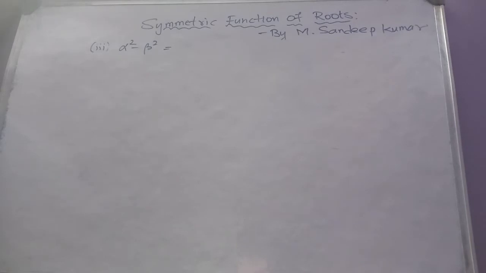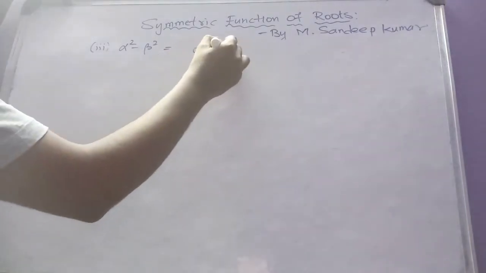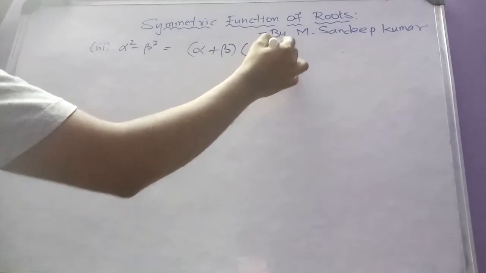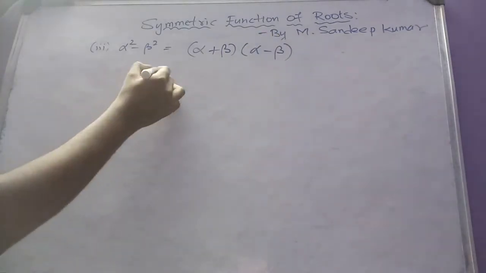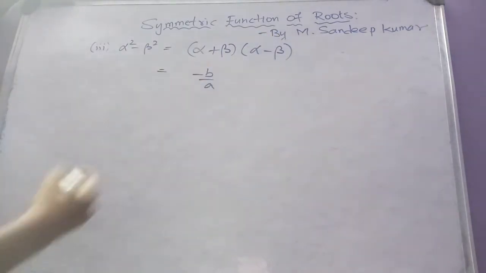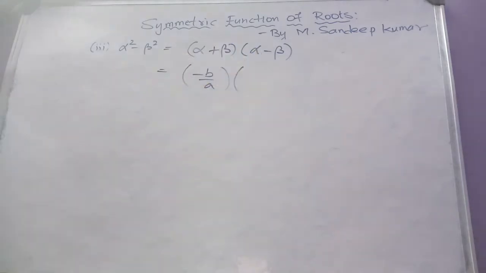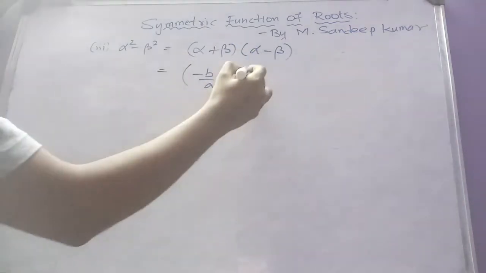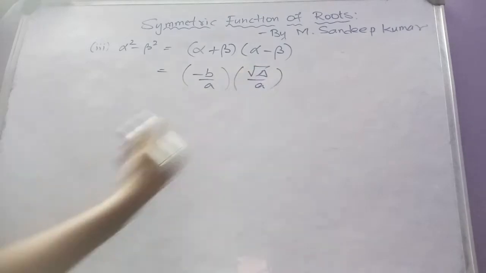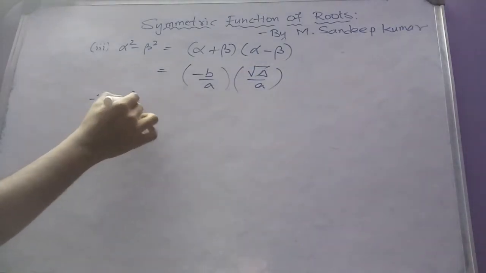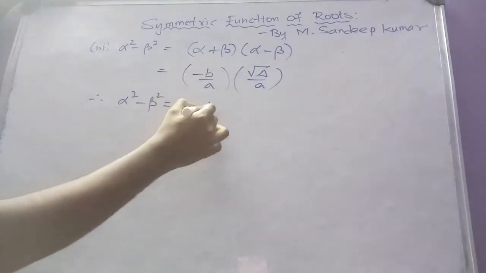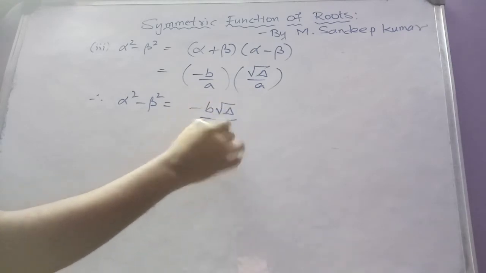We know that alpha square minus beta square is alpha plus beta into alpha minus beta, where alpha plus beta is minus b by a, and we have found out already that alpha minus beta is root delta by a. So therefore alpha square minus beta square is equal to minus b into root delta by a.